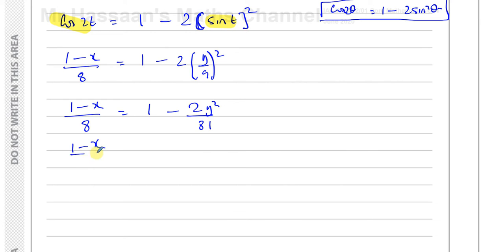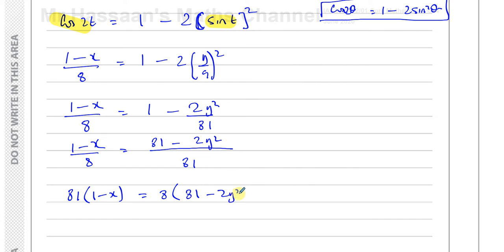So 1 minus x over 8 equals 81 over 81 minus 2y squared over 81, which gives you one denominator of 81: 81 minus 2y squared. Let's cross multiply both sides by 81 and also multiply both sides by 8. You end up with 81 times 1 minus x equals 8 times 81 minus 2y squared.